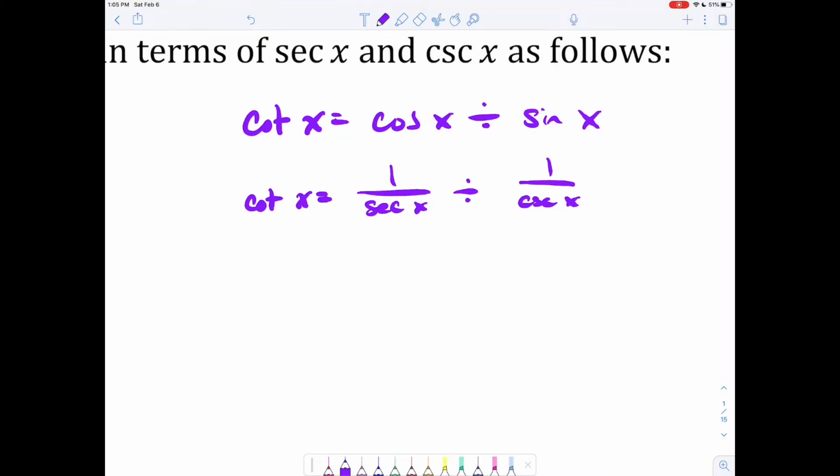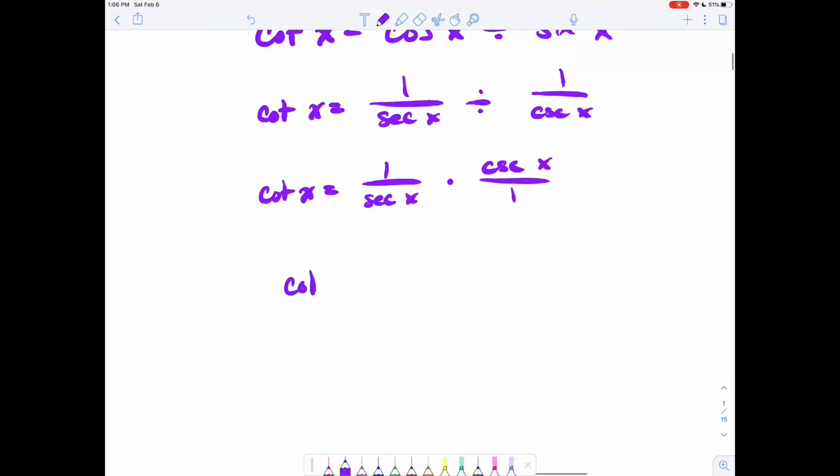And changing that to a multiplication statement instead, we've got, oopsie daisies. Yeah, that is what I wanted. That. And thus we can say that cotangent of x is cosecant of x divided by secant of x.